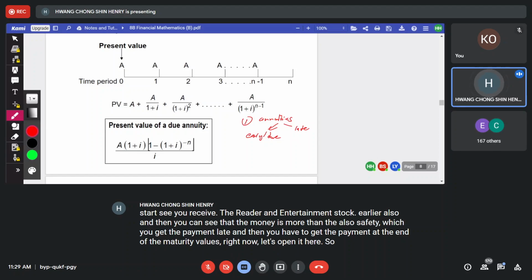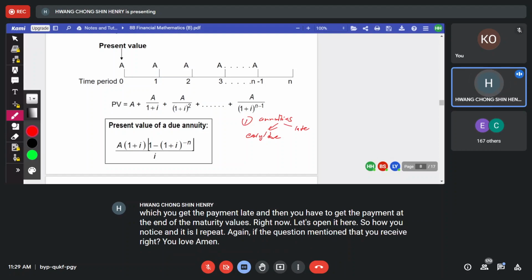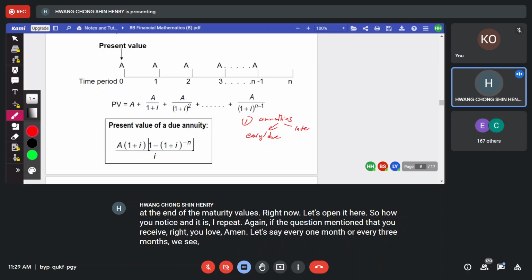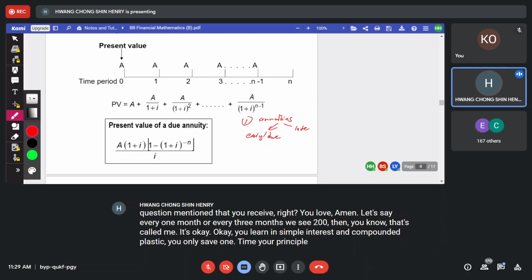So how do you know that it's annuities? I repeat again. If the question mentions that you receive a regular payment, let's say every 1 month or every 3 months, you receive, let's say 200, 200, 200, then you know that is called annuities. Where you learned in simple interest and compound interest last week, you only save one time your principal value, not the payment.